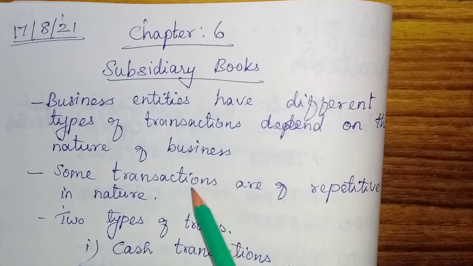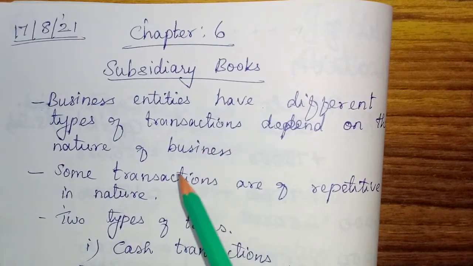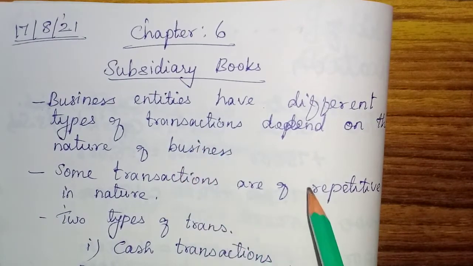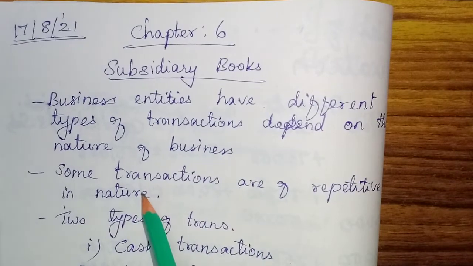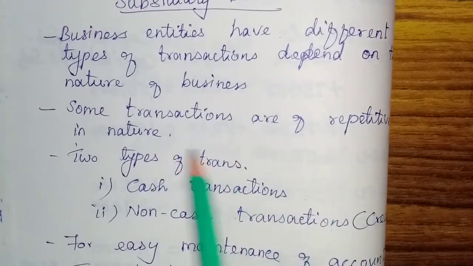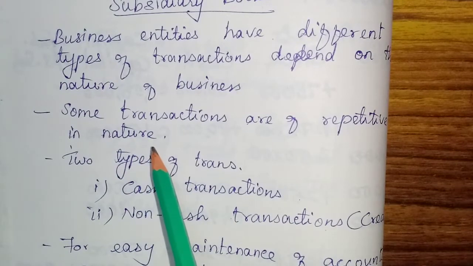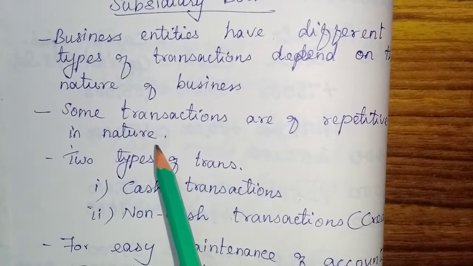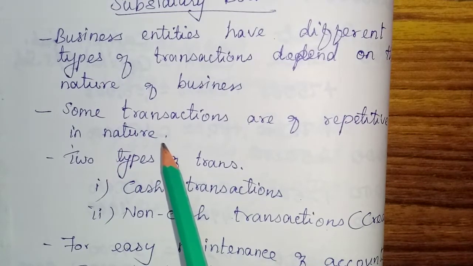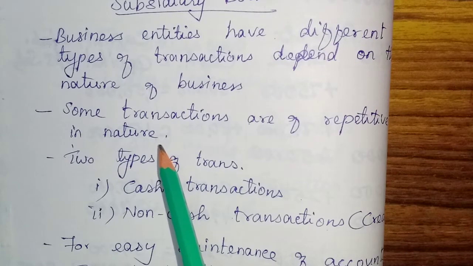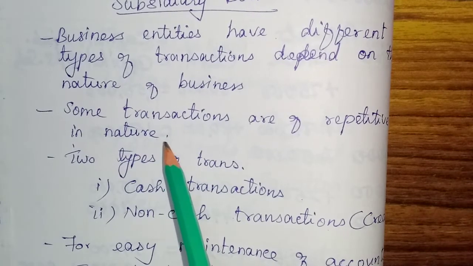So some transactions come again and again; they are repetitive in nature, meaning they happen repeatedly. Maybe sales or purchases every day, or within 2 or 3 days we may receive one sales return, or we may send some of the purchases back to the suppliers as returns.